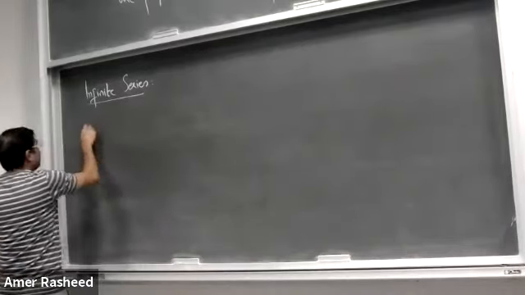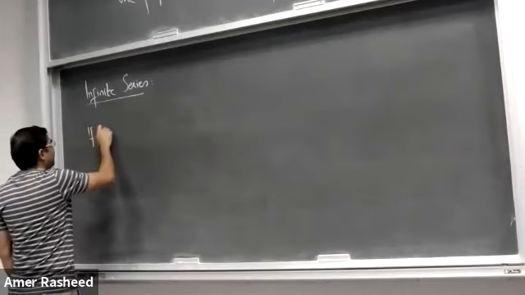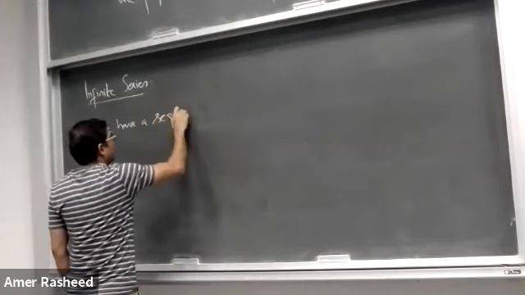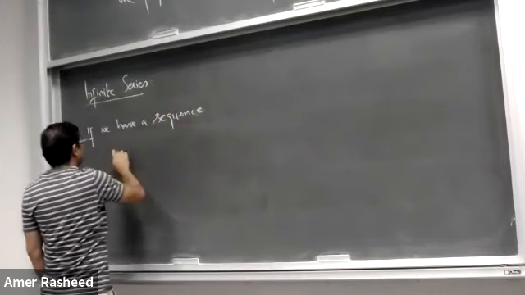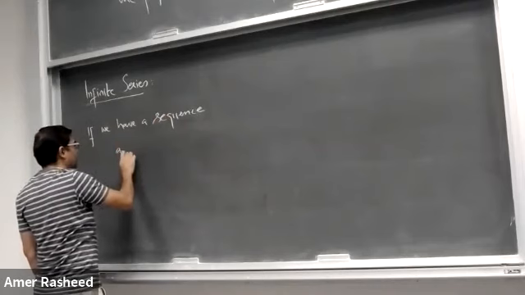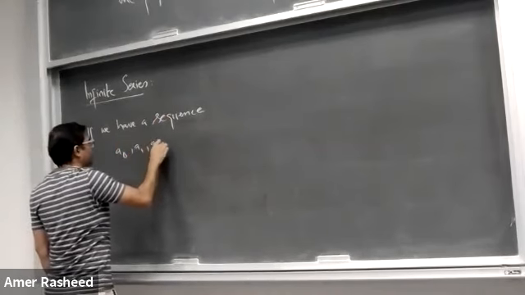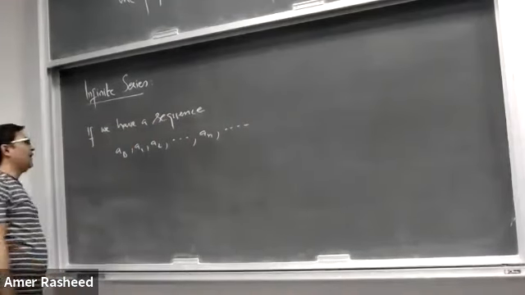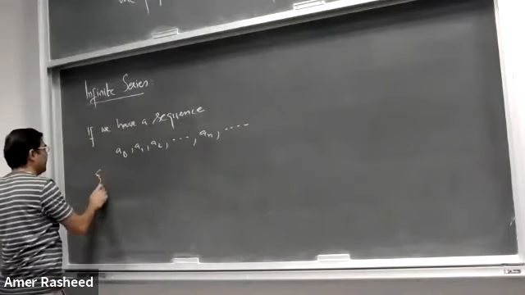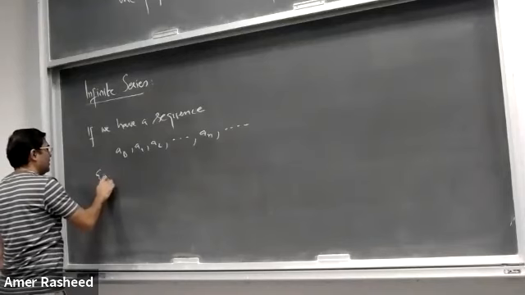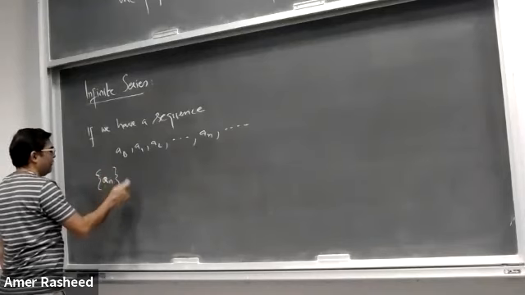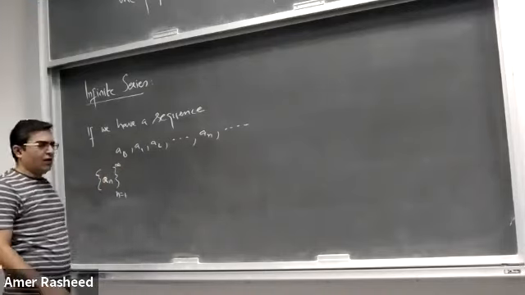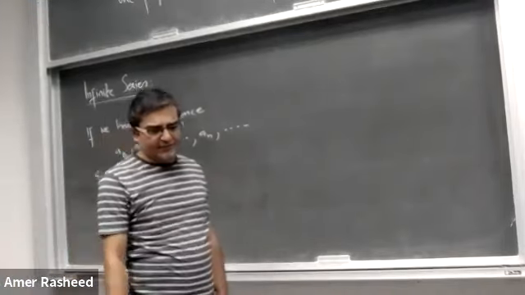If we have a sequence, maybe A0, A1, A2, and so on, AN, and so on, it can be written in short in this way: AN, where n is from 1 to infinity. It's a sequence. This is how we denote sequences.